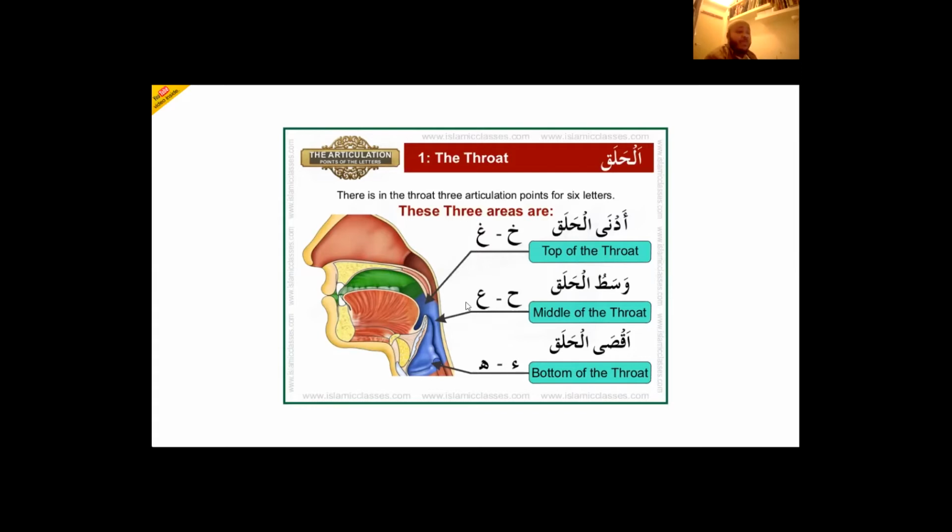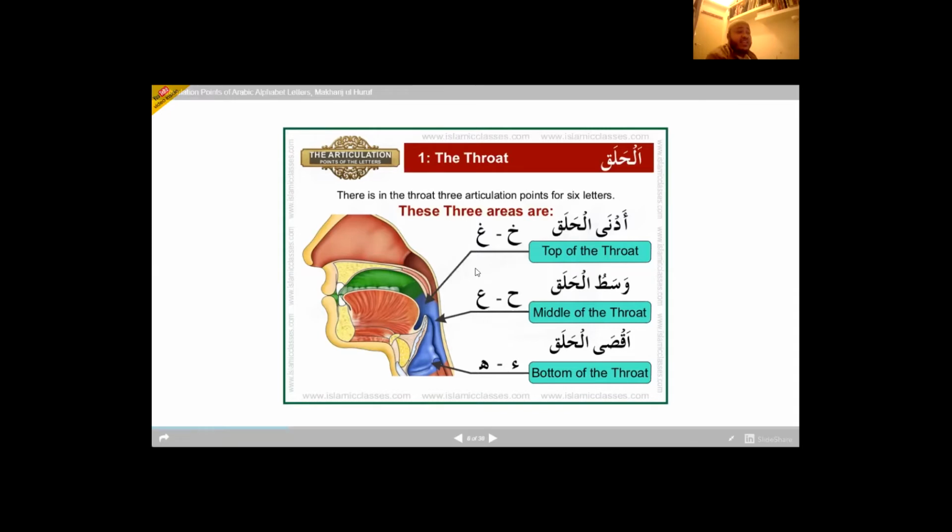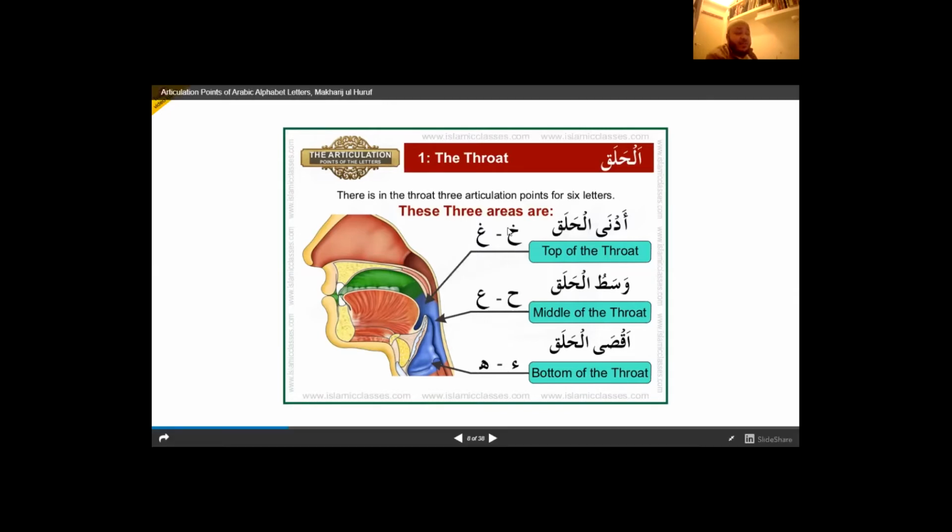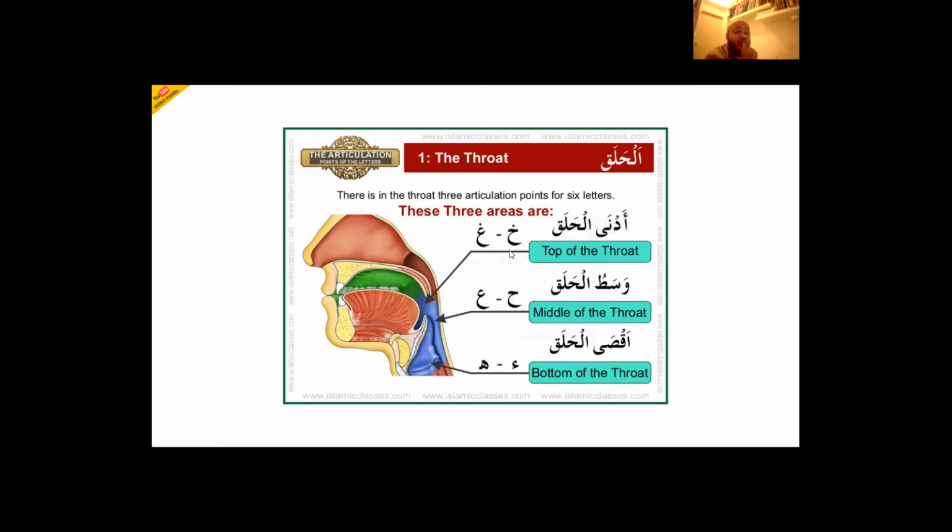They are not the same, because they come from two different locations. The letter kha, after jim and ha, comes from the top of the throat, and so does the letter ghain. But the letter kha is joined to the top layer of the mouth, where you can feel the vibration.